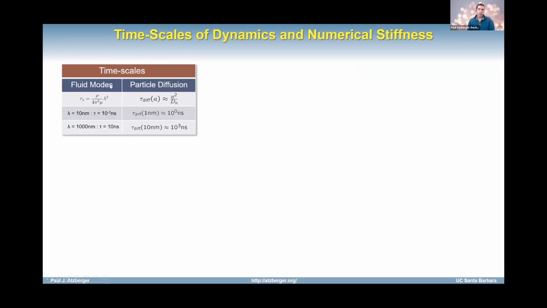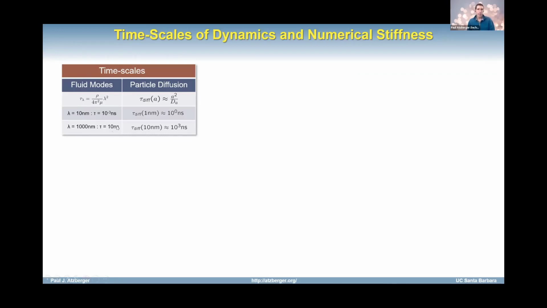If you look at the timescales of the fluid relaxation, this is done for physiological conditions, so room temperature, water being the fluid in mind, and so on.